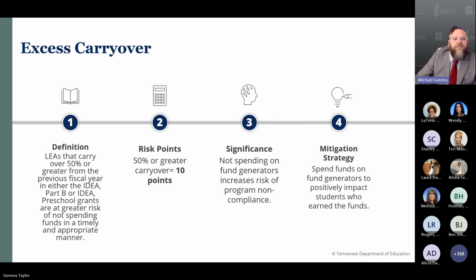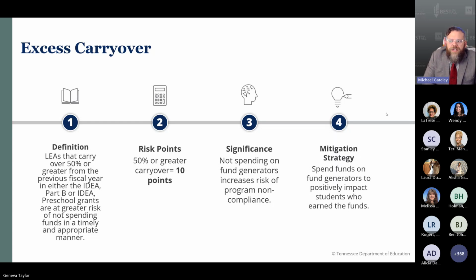So excess carryover is our next category here. LEAs that carry over 50% or greater from the previous fiscal year in either the IDEA Part B or IDEA preschool grants are going to be at greater risk of not spending those funds in a timely and appropriate manner. So for those LEAs, you will get 10 points per area there.